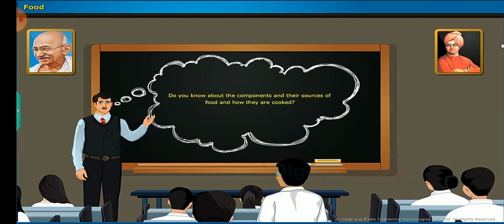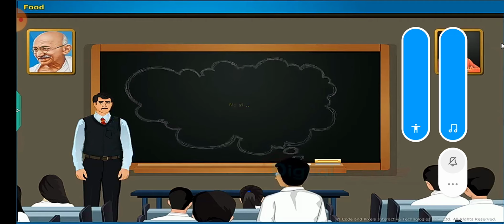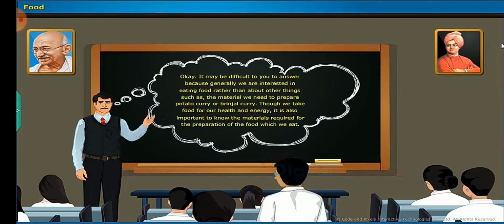Do you know about the components and their sources of food and how they are cooked? No, sir. Okay. It may be difficult for you to answer because generally we are interested in eating food rather than about other things such as the material we need to prepare potato curry or brinjal curry.